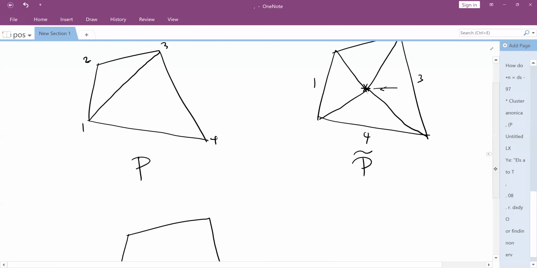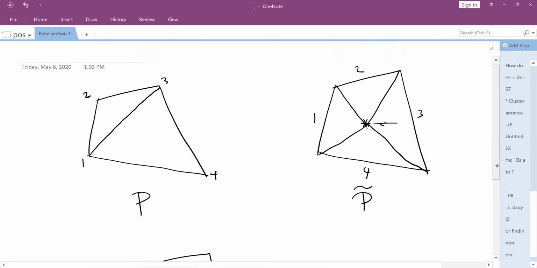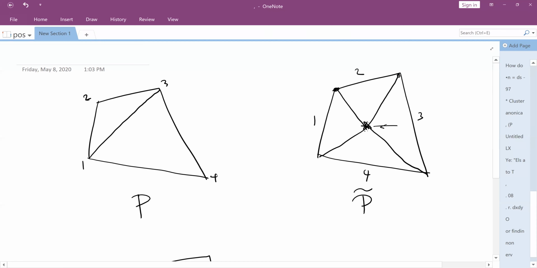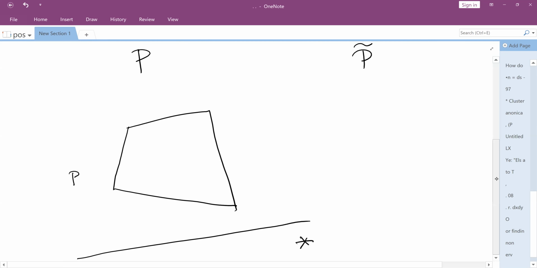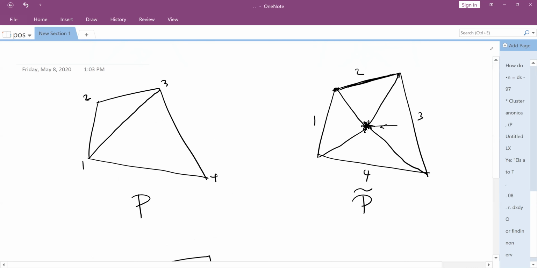And in the triangulation I had, where every triangle involved this point and an edge, each one of these edges is now one of the vertices in this picture.